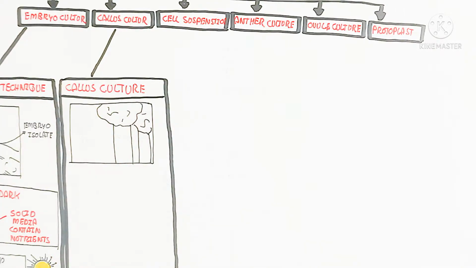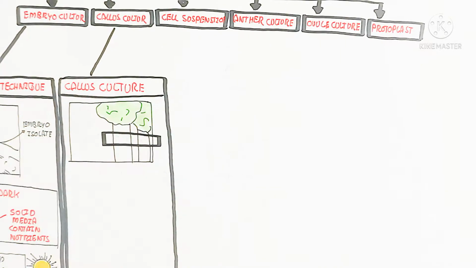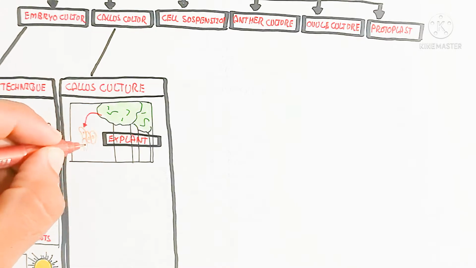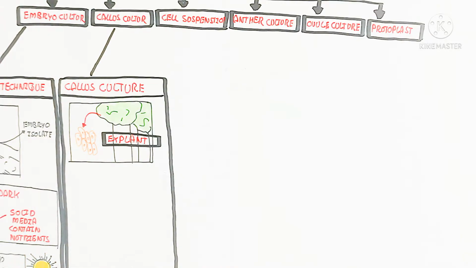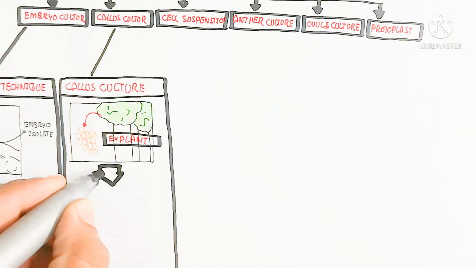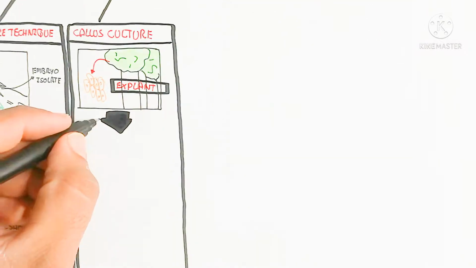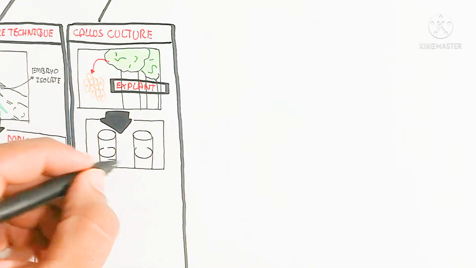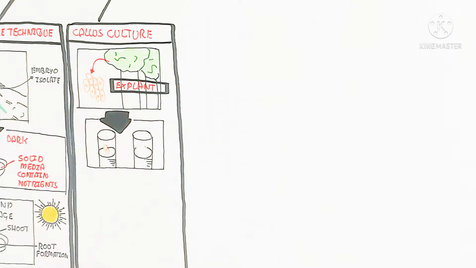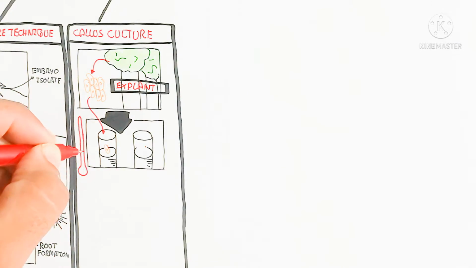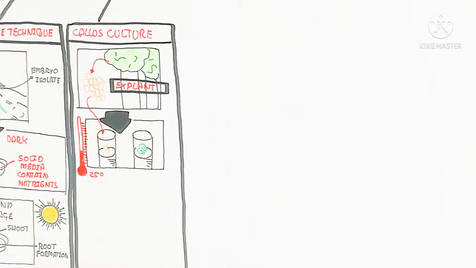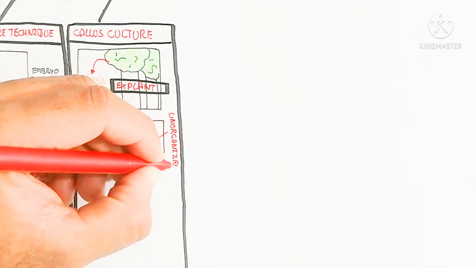So the callus culture we will discuss now. What is the meaning of callus? Callus means the mass of cells, the group of cells we excise or isolate from the explant. We provide the normal temperature, again 25 degrees Celsius. Here is the test tube which contains all the nutrient media, with an organized mass of cells.